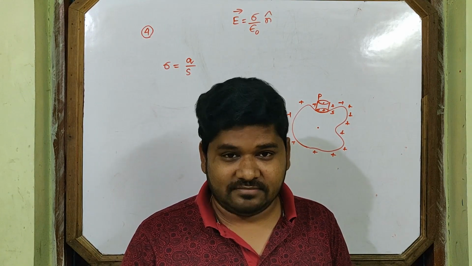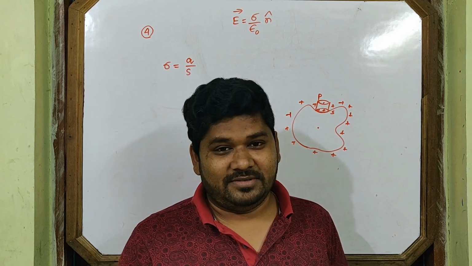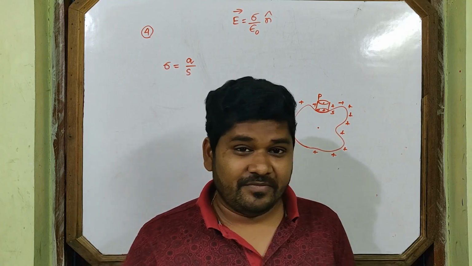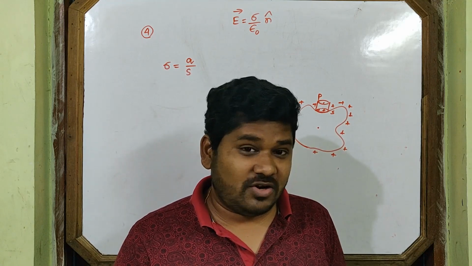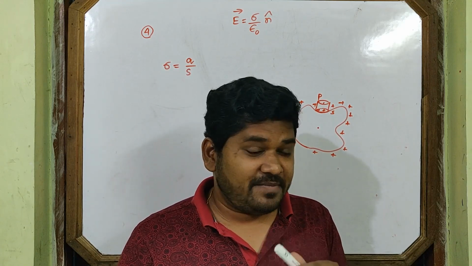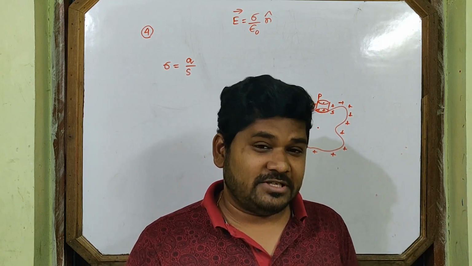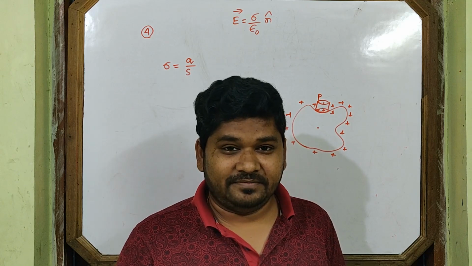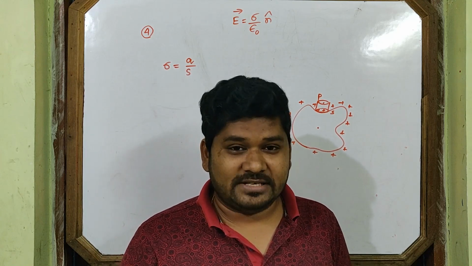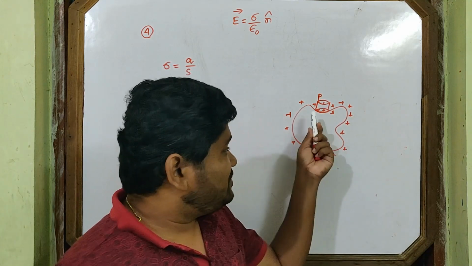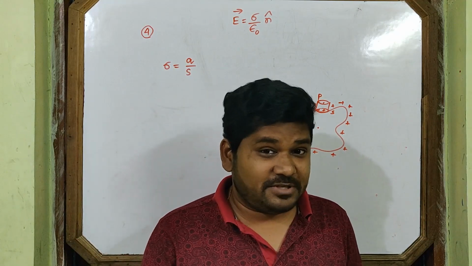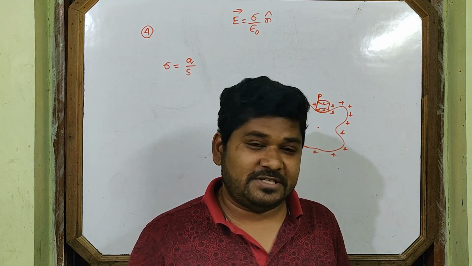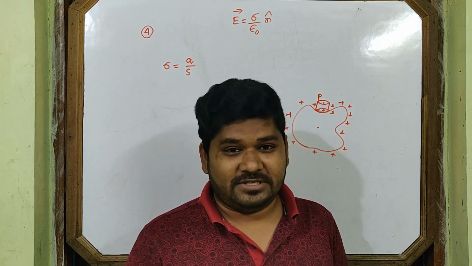Is it? No. Why is this cylinder not your Gaussian surface now? Because the charges are not enclosed by the Gaussian surface. Same thing I told you while using the applications of Gauss law, application number 3, application number 2. The charges are not present inside the Gaussian surface; they are present on it, because I started the Gaussian surface from the surface and charges are present on the surface.